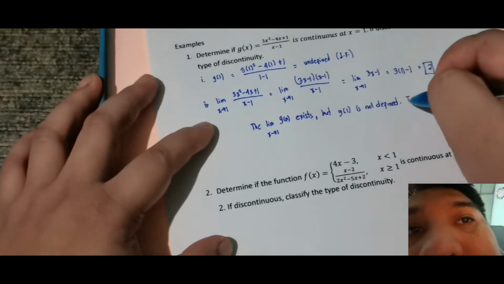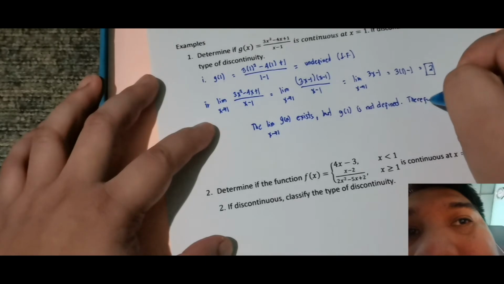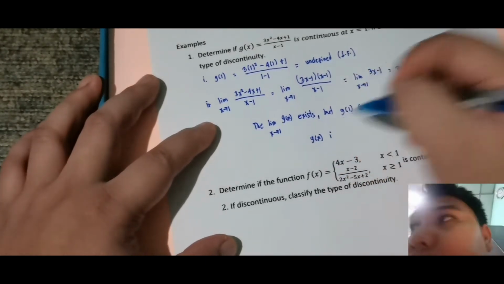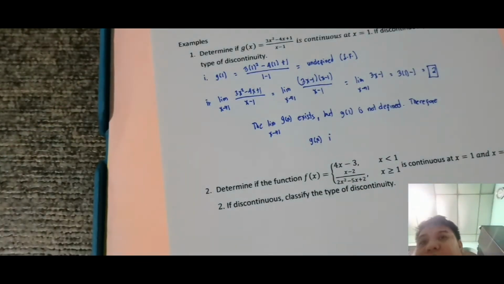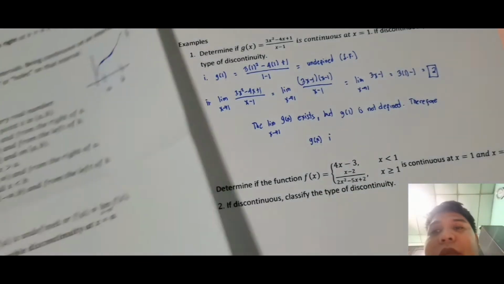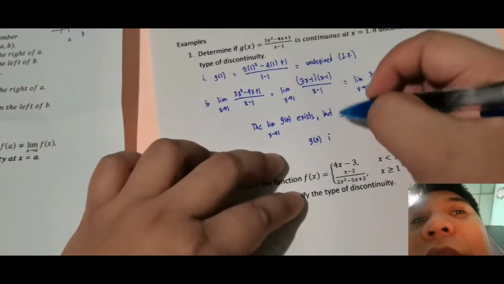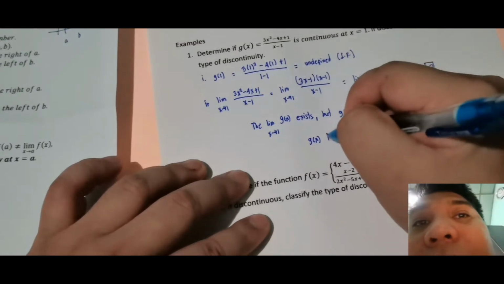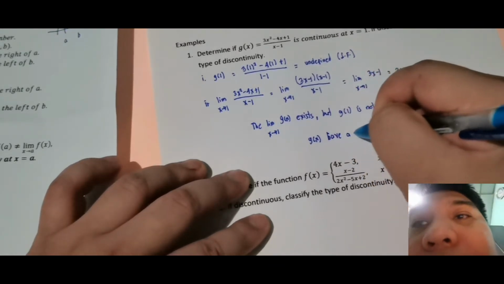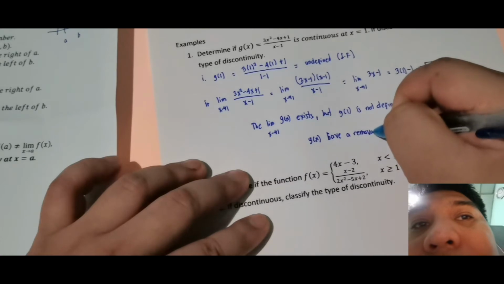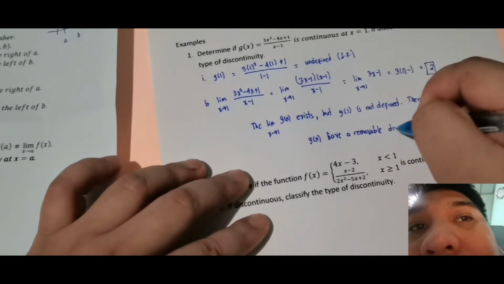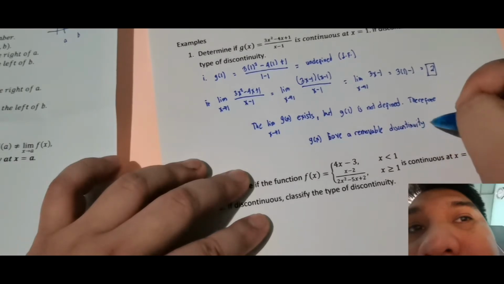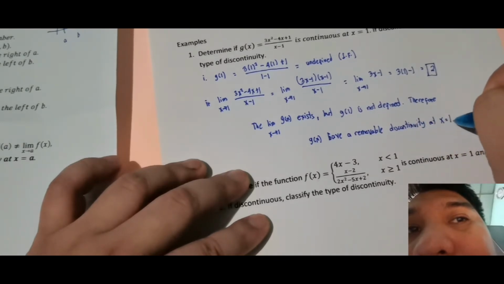Therefore, g of x has a removable discontinuity at x is equal to 1.